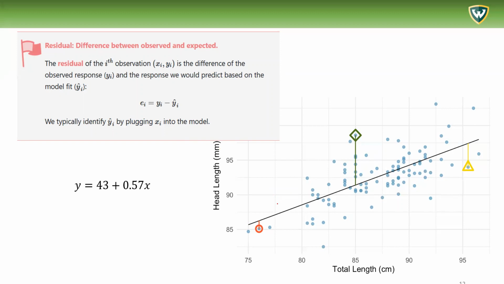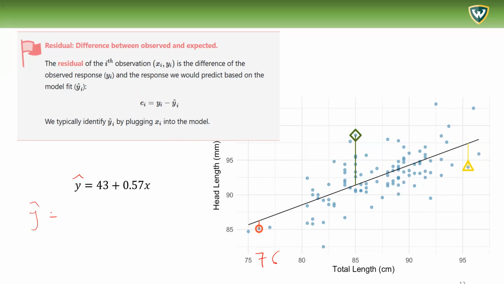So suppose we have this point over here. Let's focus on this red one, and its total length is about 76. So we have a possum with a total length of 76. What's the estimate? Let's put a y hat here.